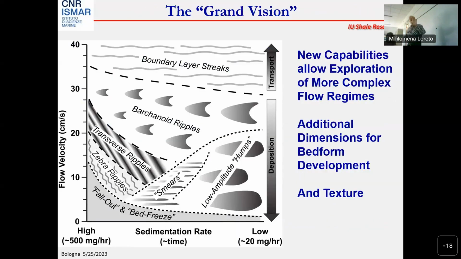In more simplistic terms, we have a sort of a phase diagram of depositional features, surface features, in relation to sedimentation rate and flow velocity. And that's sort of where we want to go. We know this is like this.